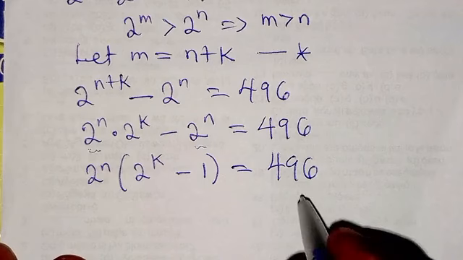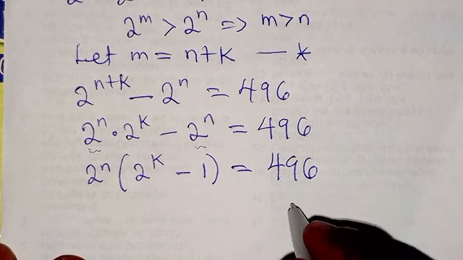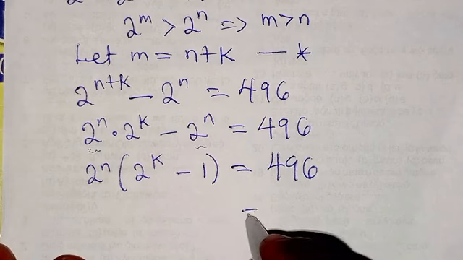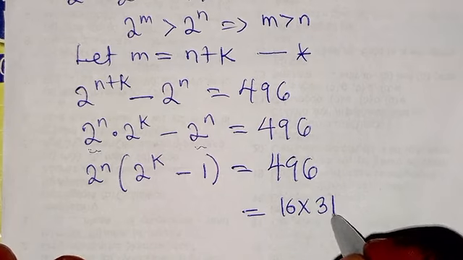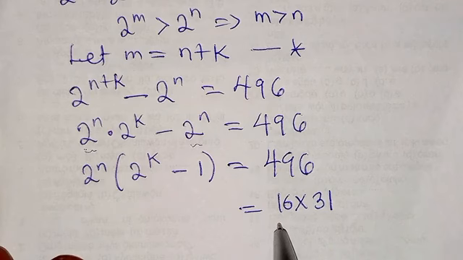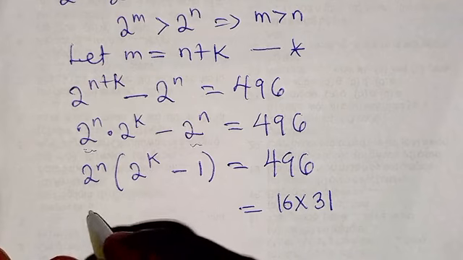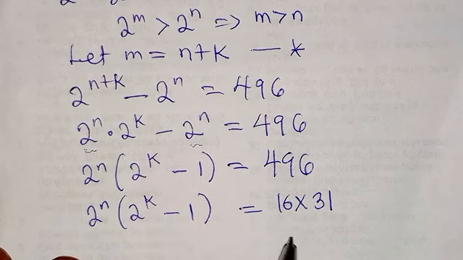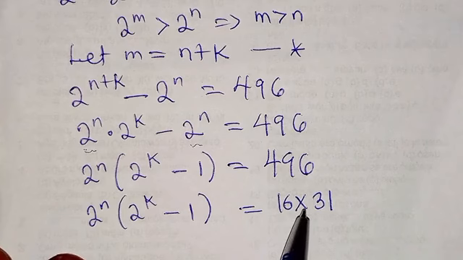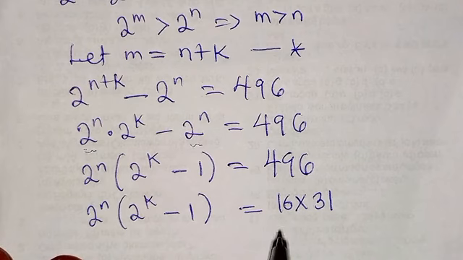So now we are going to express this 496 in terms of even and odd factors. So 496, I can have it to be 16 multiplied by 31, so that the 16 goes with this 2^n. You see what I'm saying now, 2^n times (2^k minus 1), because we must look at the factors that will actually give us what we are looking for. We are looking for the values of m and n, and they have to be integers.